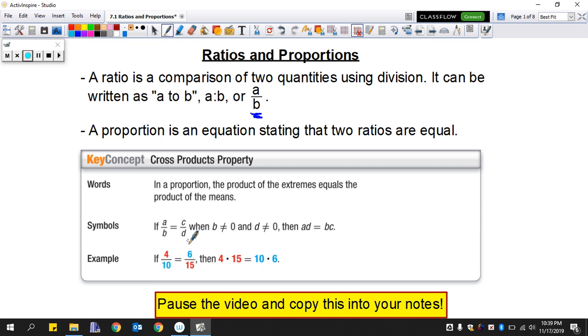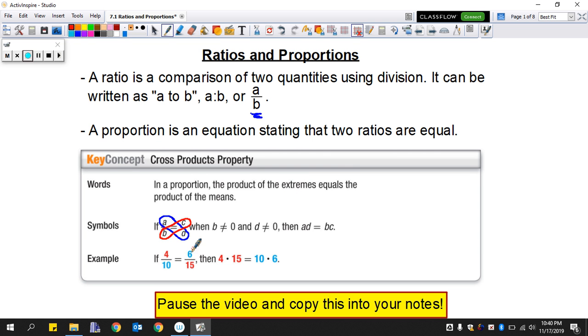So it just says that if A to B is equal to C to D, when B is not equal to 0 and D is not equal to 0, then A times D is equal to B times C. We generally refer to this as just cross multiplication.